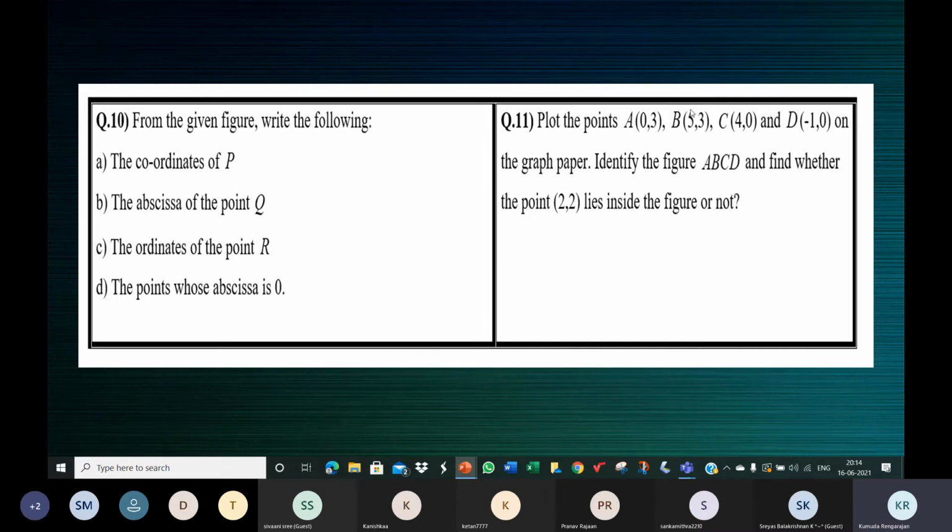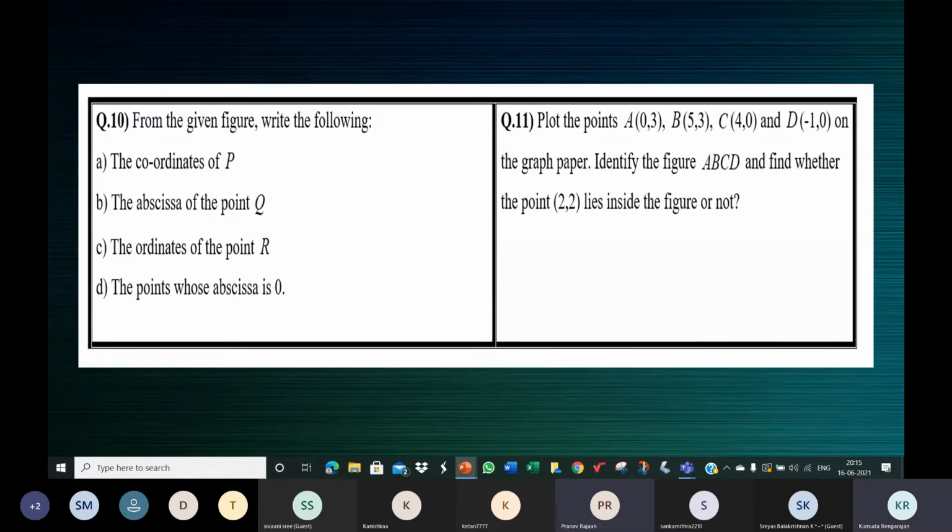Not 10. 10 is simple, just 11. Ma'am, 10th question, which figure, ma'am?